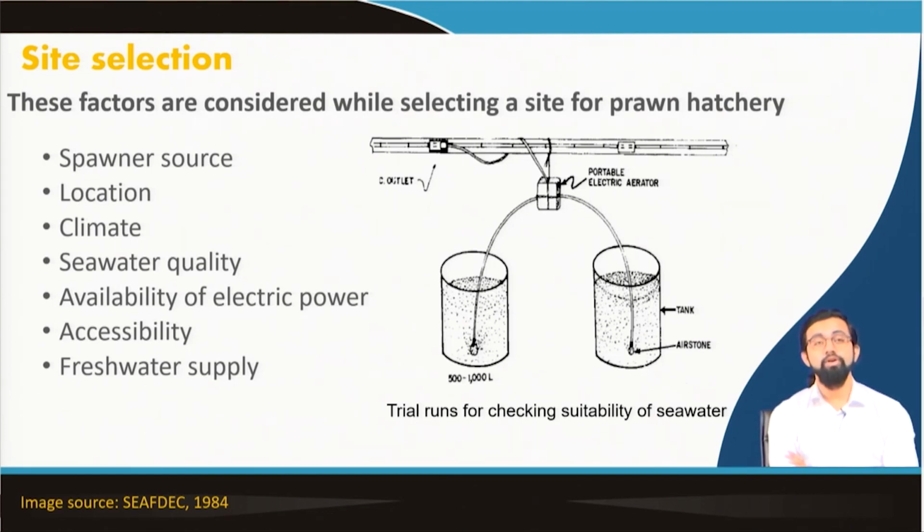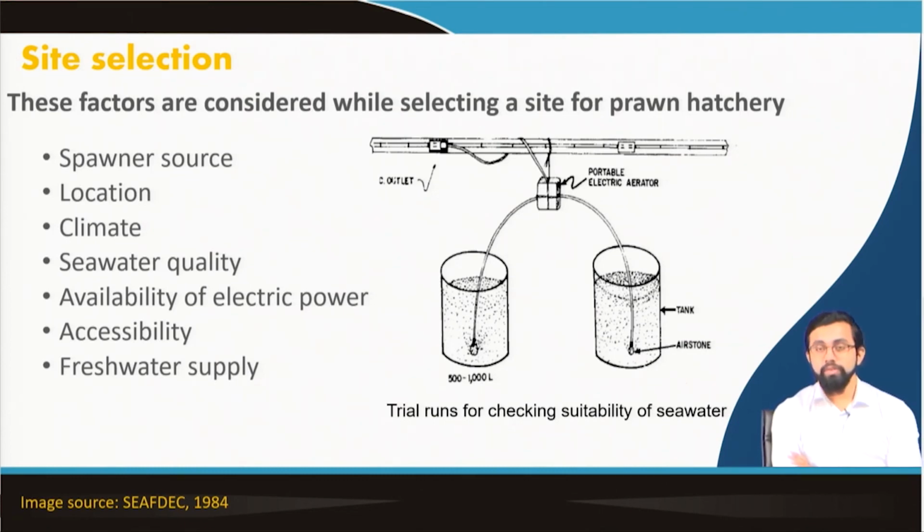Other than that, the spawner source and location are important, because in case of carp, you can do it near inland water bodies, but in case of prawn or shrimp, you have to make it near the coastal region, or otherwise you have to mimic the seawater. That is doable nowadays and people are doing it in different countries, but it still requires a huge amount of chemical demand. So the location is very important, the climate is very important, and the seawater quality that you are supplying.